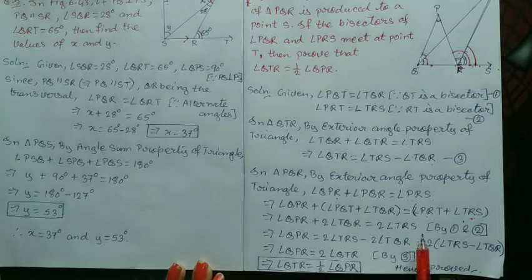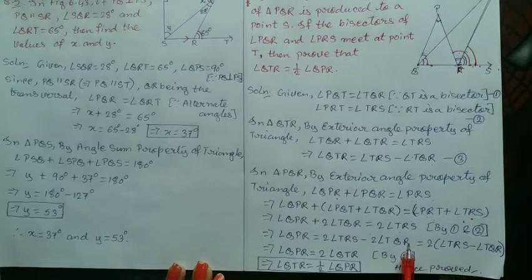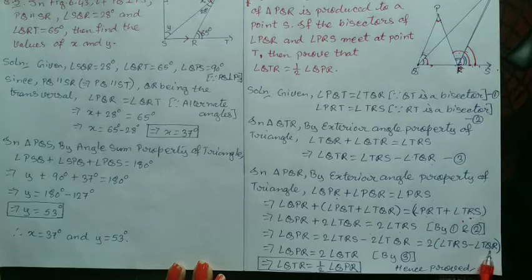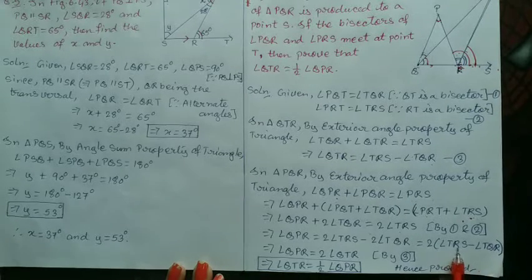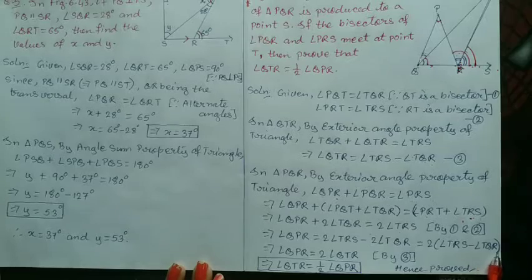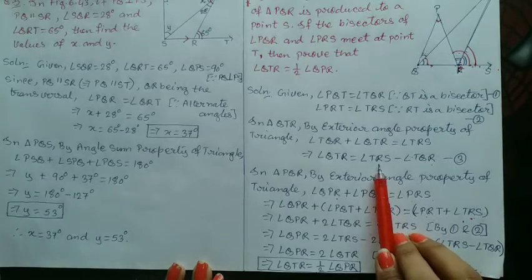This one goes to the other side, becomes negative and becomes twice angle TQR. From these two terms we can take common 2, and write the remaining part in the bracket. Now TRS minus TQR, it's equation 3.